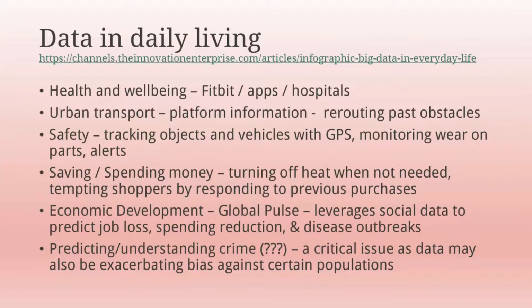This company, Global Pulse, is actually doing a constant social data scan, predicting job loss, spending reduction, disease outbreaks, according to what people are tweeting and posting, and predicting and understanding crime.